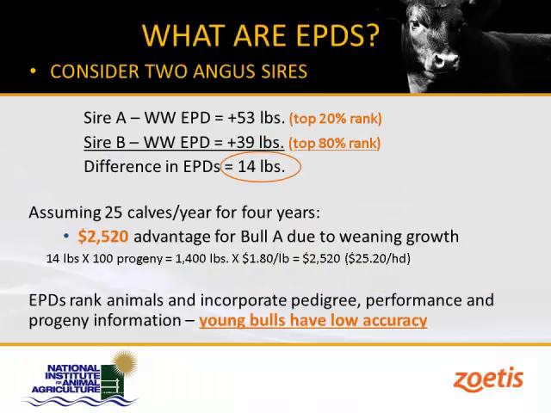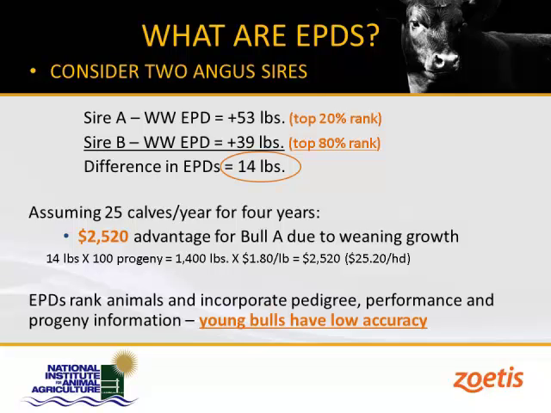EPDs are real simple in that they rank animals from best to worst for upwards now of 15 or 20 different traits in most of our breed populations. So simply, they rank animals. EPDs are typically expressed in the trait of interest. So if we're talking about weaning weight, the difference in EPDs of two animals would indicate the difference in weight of their progeny on average.